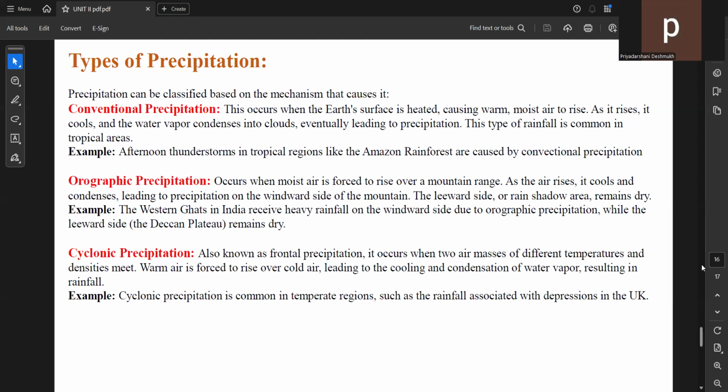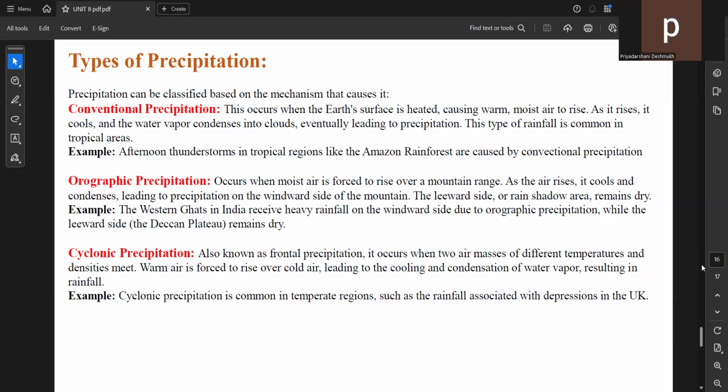These are the three main types of precipitation. In convectional precipitation, the earth's surface is heated, causing warm, moist air to rise. As it rises, it cools and the water vapor condenses into clouds, eventually leading to precipitation. This type of rainfall is common in tropical areas.